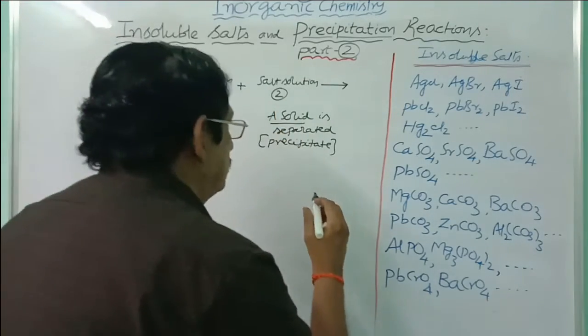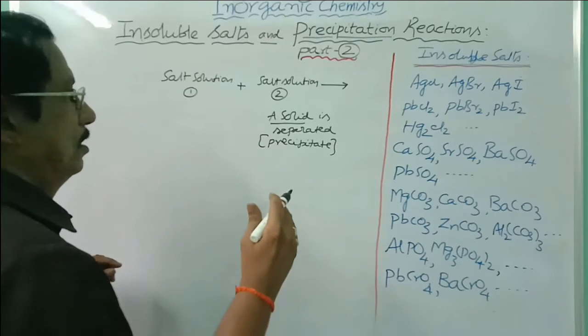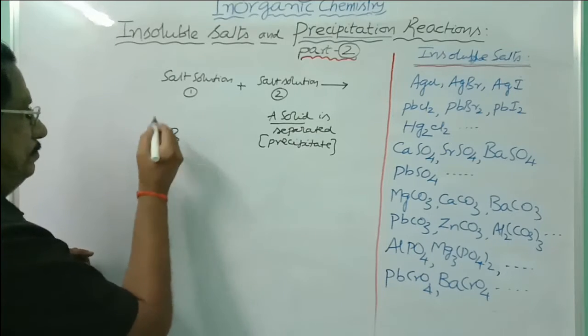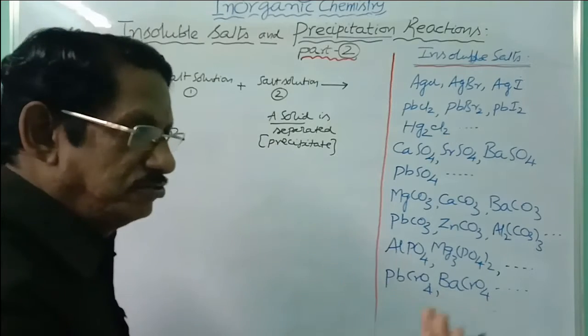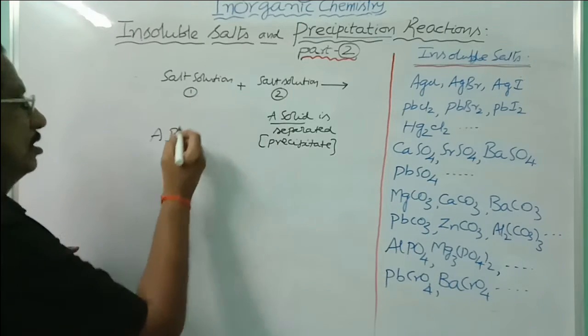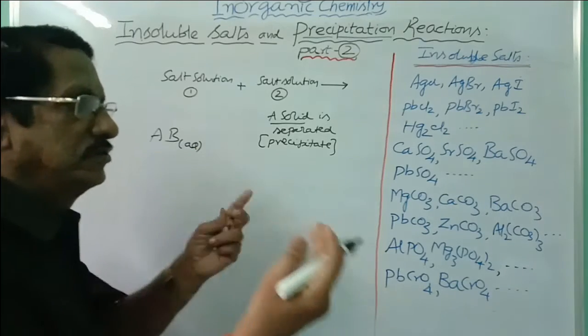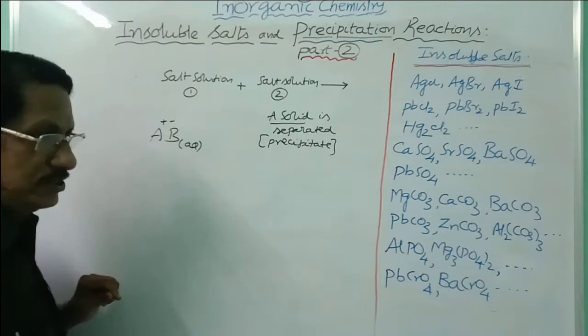And here you can take, for example, AB. This is a salt solution. When it is present in solution, generally water as the solvent, you have to write aqua here. Aqua means dissolved in water. This is the salt containing A plus and B minus parts.